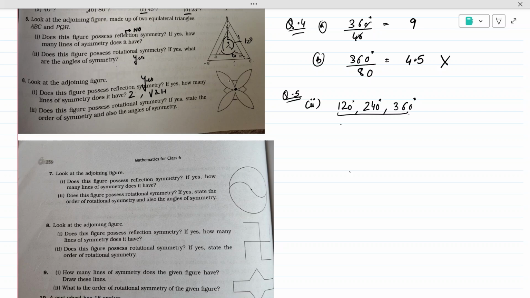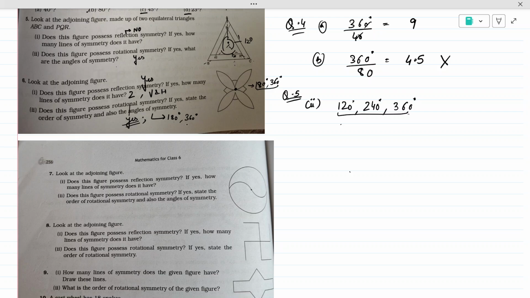So it will not be the same, but when it moves across 180 degrees, it will appear the same to us. Similarly across 360 degrees also. So 180 and 360 degrees are the two angles of rotational symmetry. It has rotational symmetry, yes, and these two are the angles of symmetry.